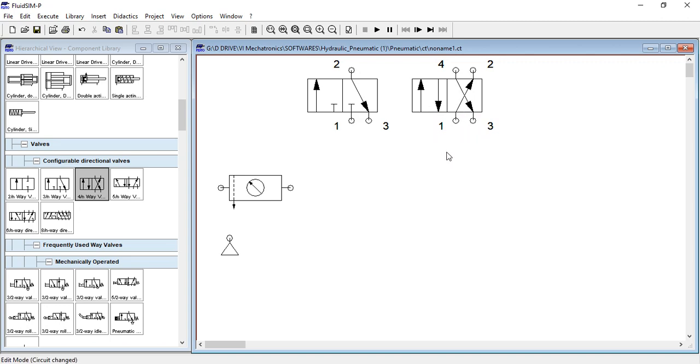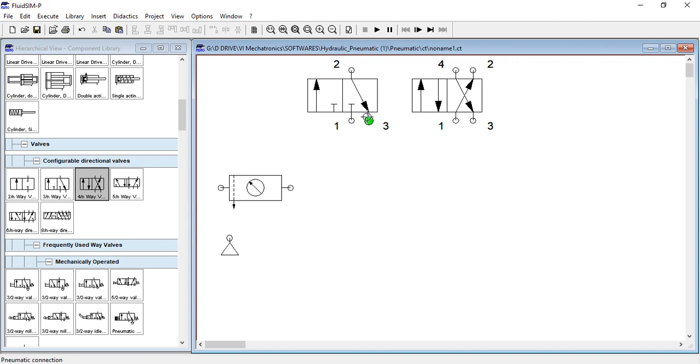Now just remember one thing: why is this 1 and why is this 3, why is this 2? Why is it not like 1, 2, 3, and 4? So there is a standard notation by ISO, the ISO codes for pneumatics, for how these ports are labeled. In that, 1 always stands for the pressure port. That means whenever you have to supply pressurized air, you will supply it to port number 1 always.